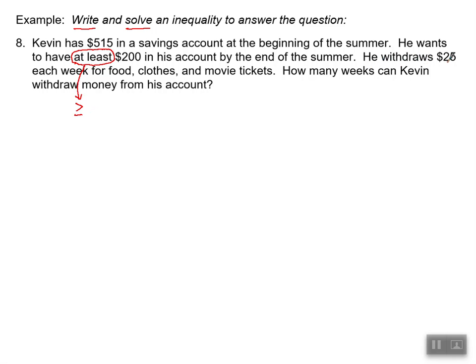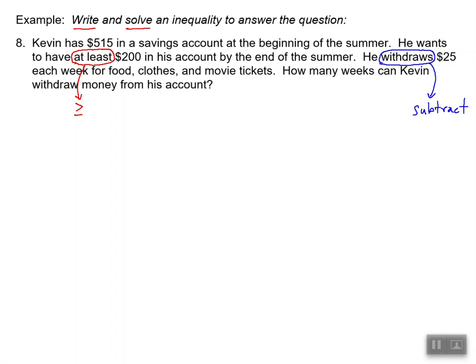He withdraws $25 each week for food, clothes, and movie tickets. How many weeks can Kevin withdraw money from his account? All right, so we're also going to need to know that withdraws means subtract, take away. He's spending his money over the summer.